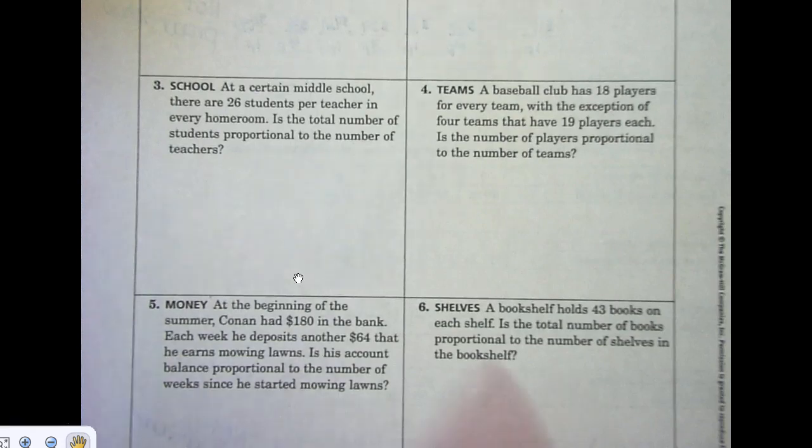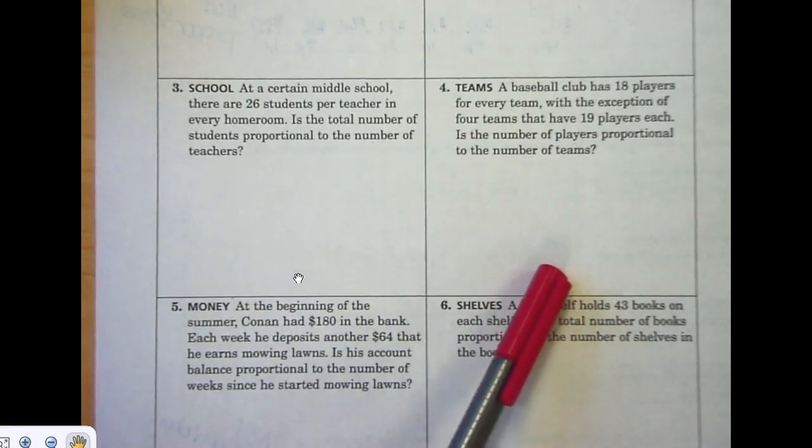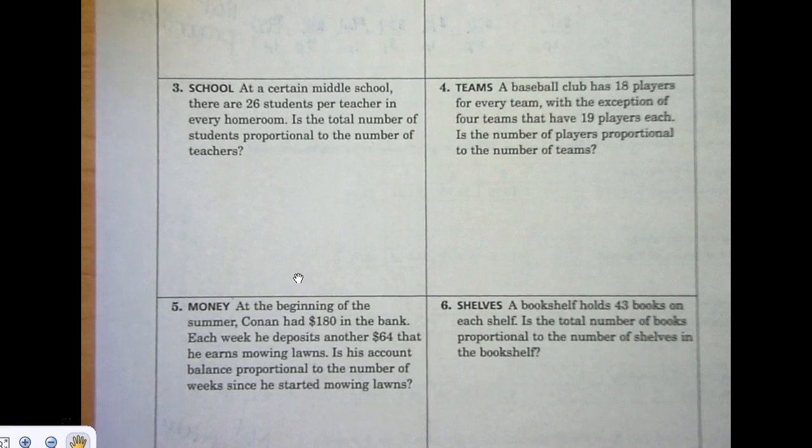Number 4 on this side? Yes? Okay. A baseball club has 18 players for every team, with the exception of 4 teams that have 19 players each. Is the total number of players proportional to the number of teams? No, because some have 18 and some have 19. So, no, they cannot be proportional.